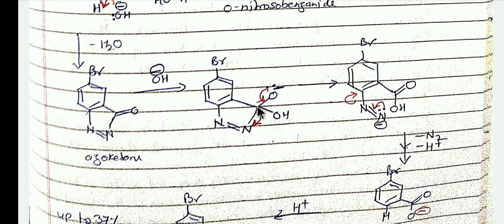So positively charged carbon and negatively charged oxygen form the double bond. Here N becomes negatively charged and we get the carboxylic acid containing the diazo group.